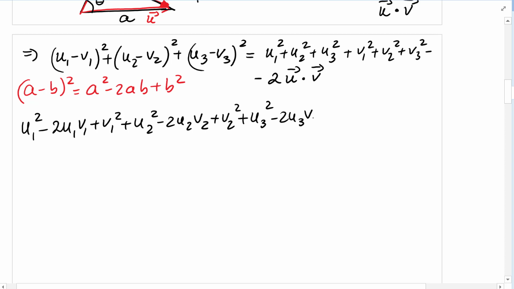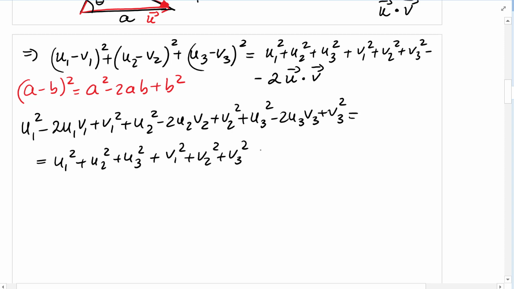minus 2u3 v3 plus v3 squared, which equals u1 squared plus u2 squared plus u3 squared plus v1 squared plus v2 squared plus v3 squared minus 2 u dot v. We notice that u1 squared cancels with u1 squared, v1 squared with v1 squared, u2 squared with u2 squared, v2 squared with v2 squared, u3 squared with u3 squared, and v3 squared with v3 squared.